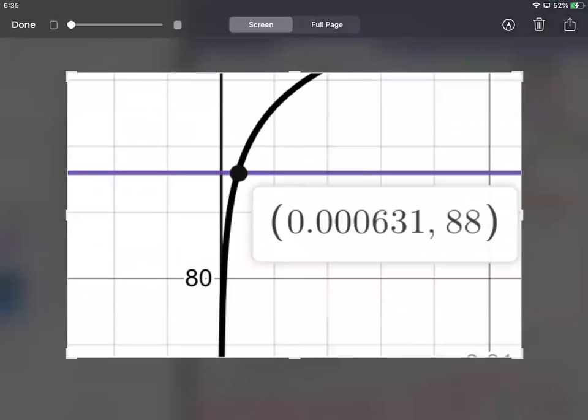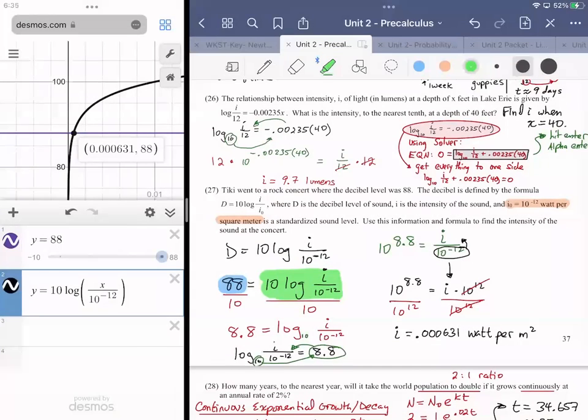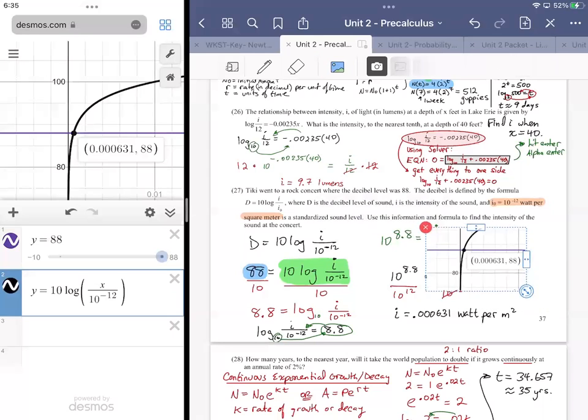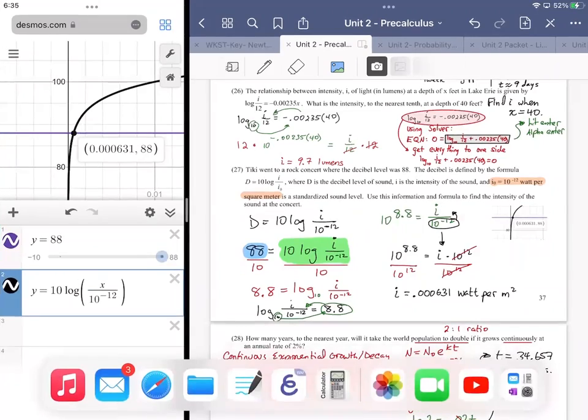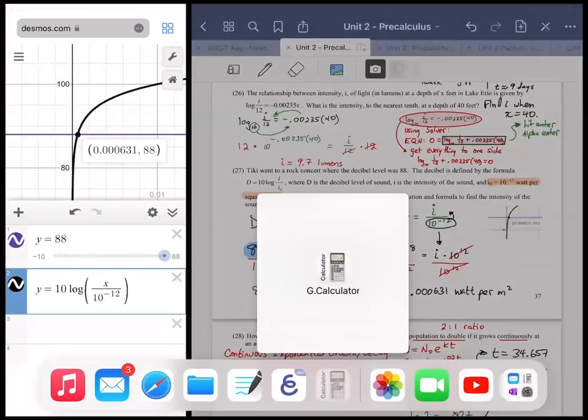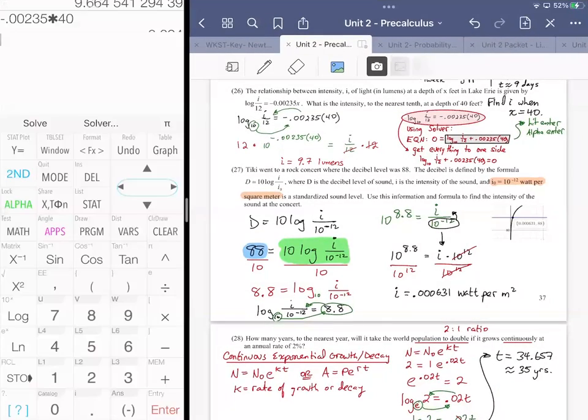Copy. Delete the screenshot. Just going to chuck that right in there. Make it super tiny. All right, so now the TI, using the solver method. For the solver, again, we want to get everything over to the same side.